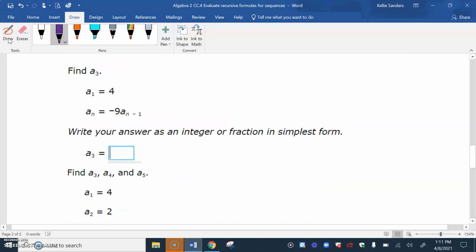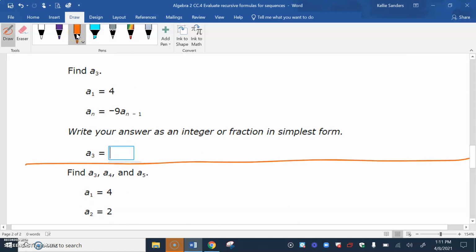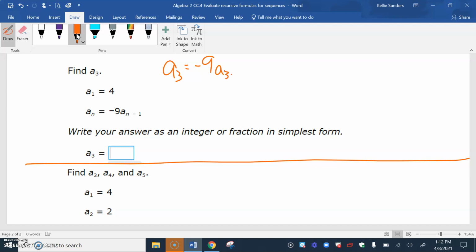Okay. Kind of hard to see what was going on. I got these really close together. So to be able to find A sub 3, it'd be negative 9 times A sub 3 minus 1. So A sub 3 is negative 9 times A sub 2. We don't know what A sub 2 is, so we need to find it.